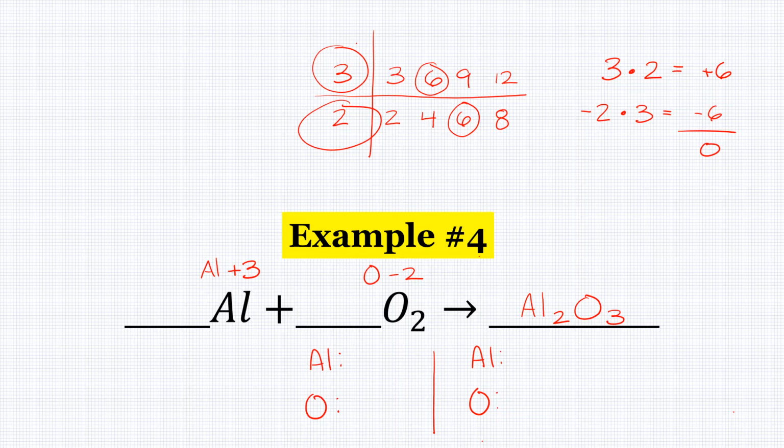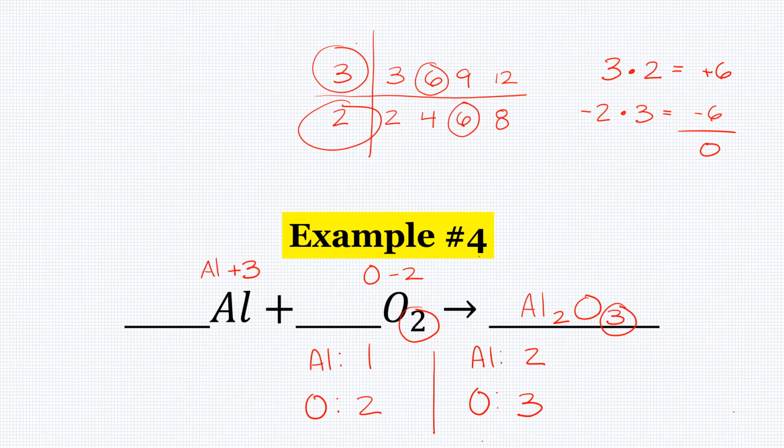Okay, so for aluminum, on the product side, we have 2, and oxygens we have 3. On the reactant side, I have 1 aluminum and 2 oxygens. So to get a common multiple here, if you look at the oxygens we have 2 on the reactant side, we have 3 on the product side.